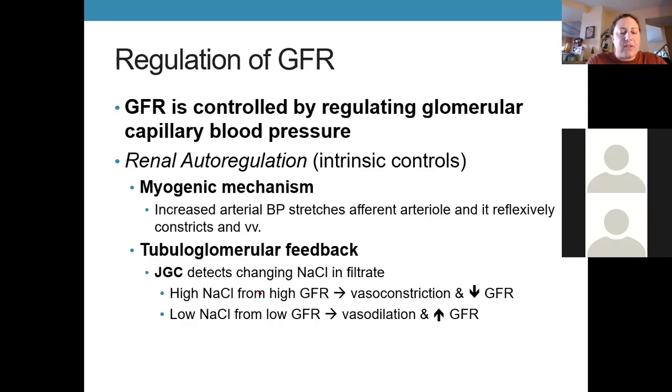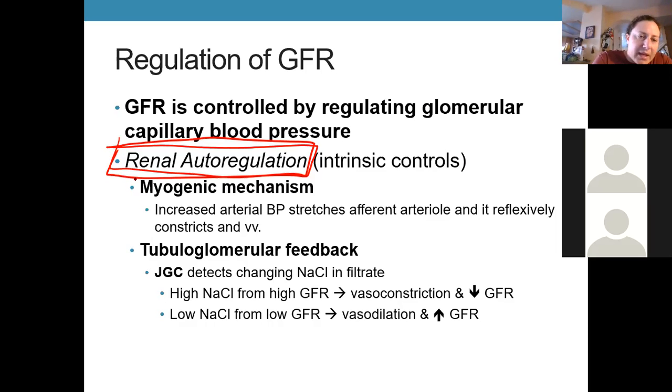So we have some local controls at the level of the nephron itself that try to make sure that we're always filtering enough blood. So we call it renal autoregulation because this is how the kidneys regulate themselves.